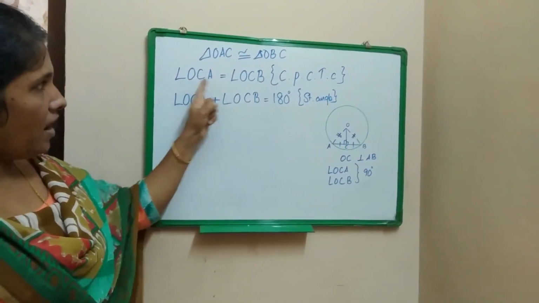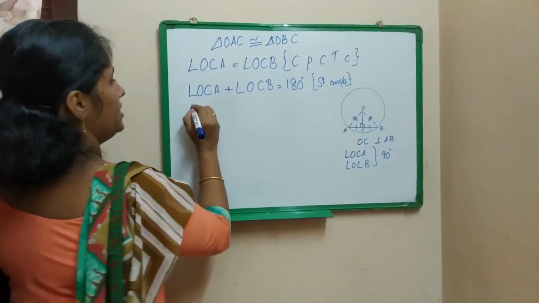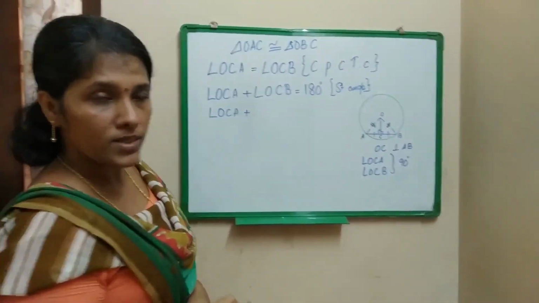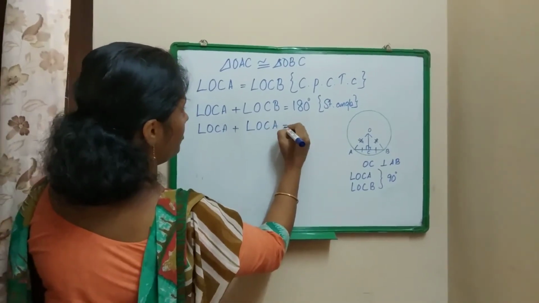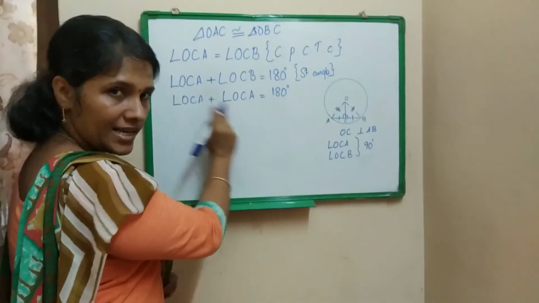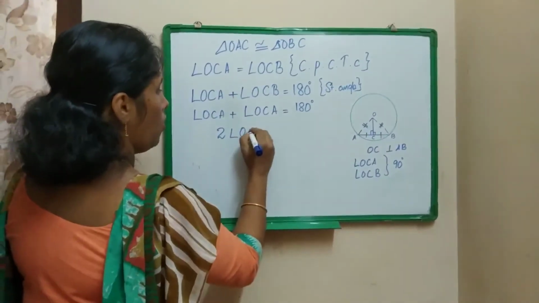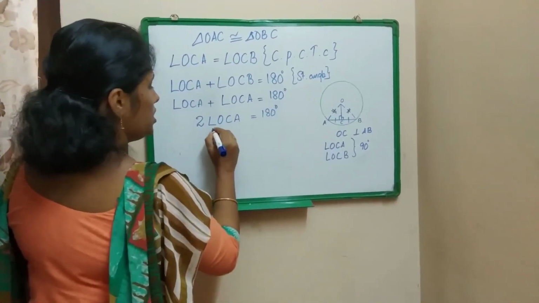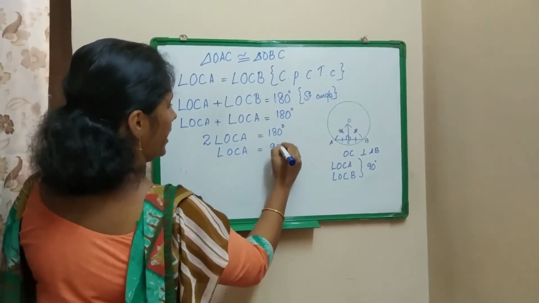OCA and OCB are equal from the previous statement. So I am writing it as angle OCA plus, instead of angle OCB, repeating angle OCA itself, it's 180 degrees. Angle OCA plus angle OCA is 2 times angle OCA, 180 degrees. So what will be angle OCA? It's 90 degrees.